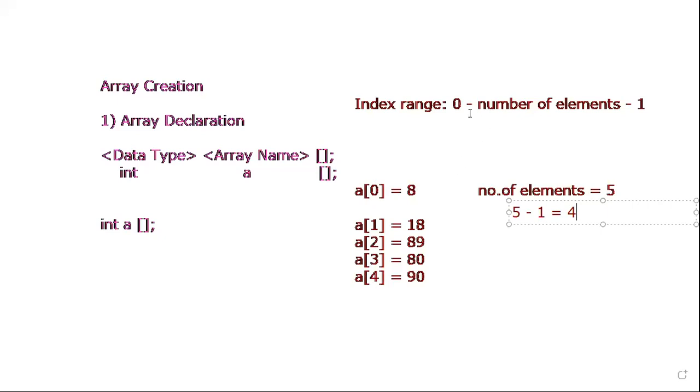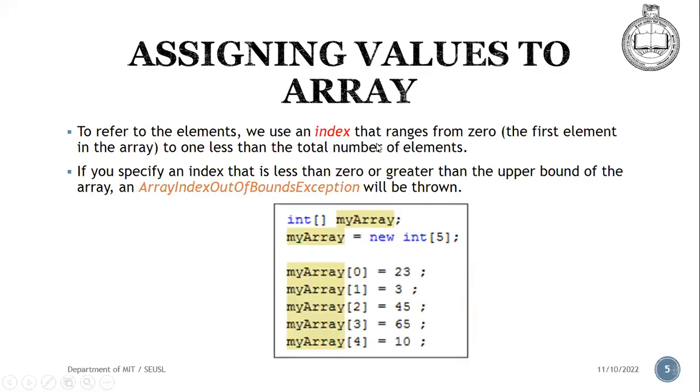It is based on the number of elements minus 1, because our index range starts from 0, so the maximum index will be the number of elements minus 1. Is that clear? That is what is mentioned here: to refer to the elements, we use the index that ranges from 0 to one less than the total number of elements. Clear, right?